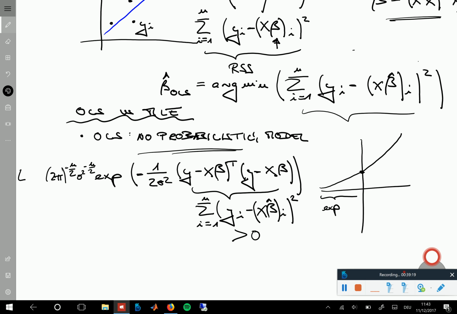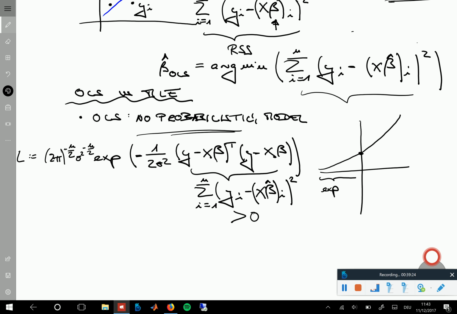So likelihood. We want to maximize likelihood. So coming back to this, we want to maximize this with respect to beta. This thing we cannot maximize with respect to beta because beta is not in there. So we want to maximize essentially this term here, the entire term, with respect to beta. If you think about how the exponential function looks, we maximize this term if we make the argument of the exponential as small as possible in magnitude.